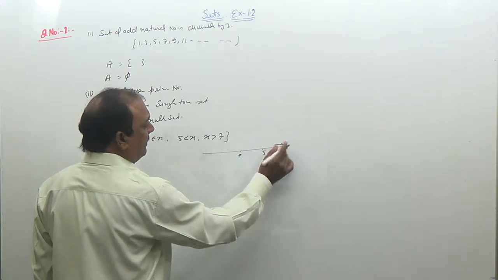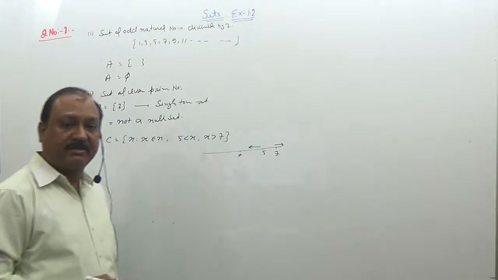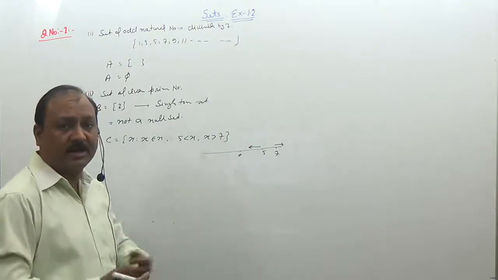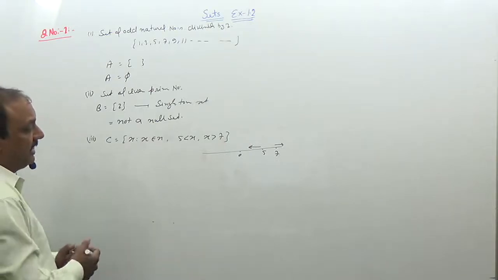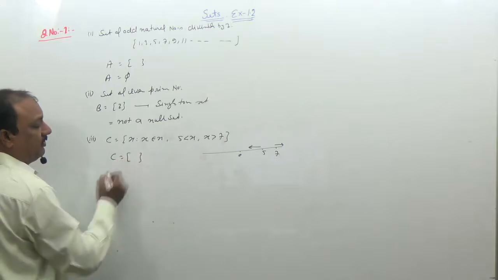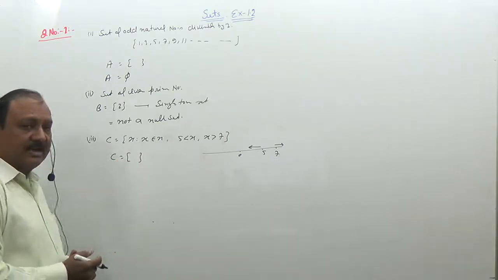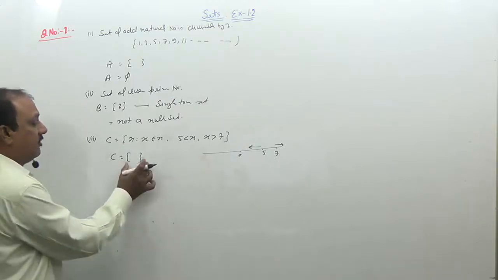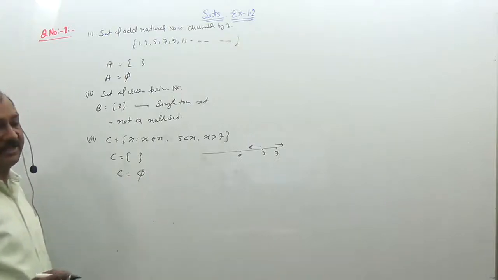The condition is that the number should be more than 7 and less than 5, but there is no number which follows both conditions. Such a condition is not possible simultaneously. So there is no element in C, and we can say that C is the null set.